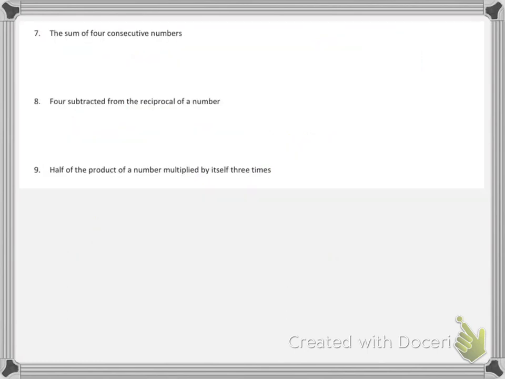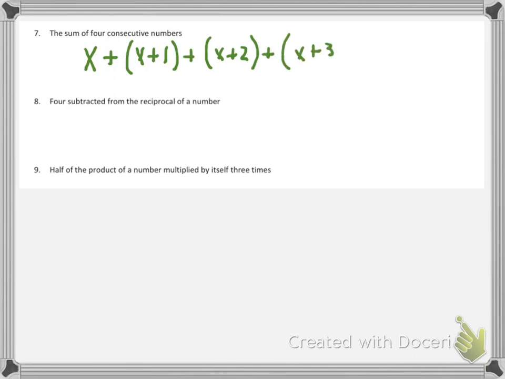Okay, number 7. The sum of 4 consecutive numbers. So 4 consecutive numbers we're going to add together. I don't know the first number, but I'm going to add it to the next consecutive number, which is 1 bigger, so x plus 1, plus the third consecutive number would be x plus 2, and the fourth consecutive number would be x plus 3.